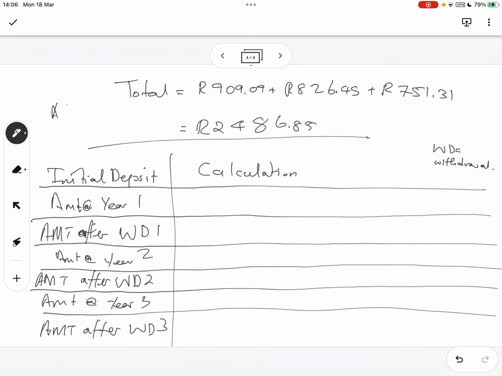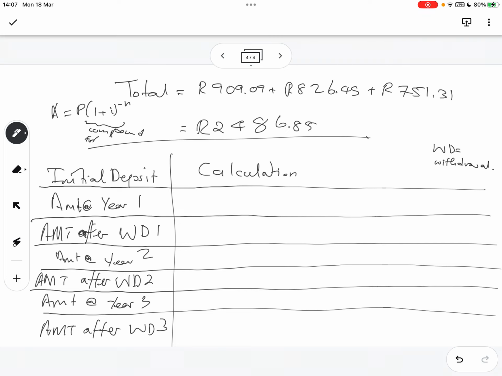So remember from our formula, A equals P times (1 plus i) to the power negative n, right? The part (1 plus i) to the power negative n, that's the compound interest part.